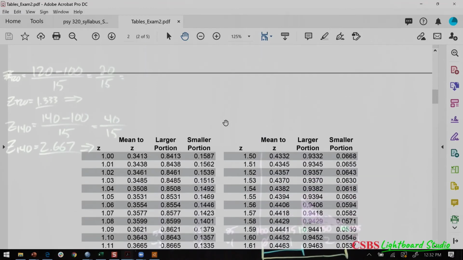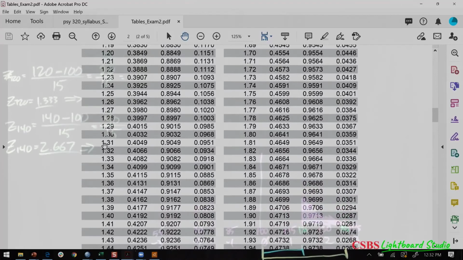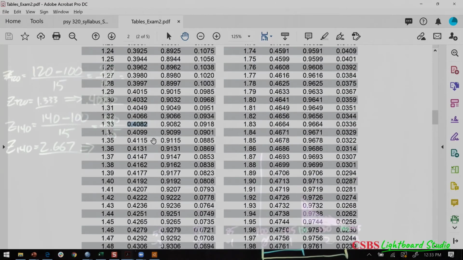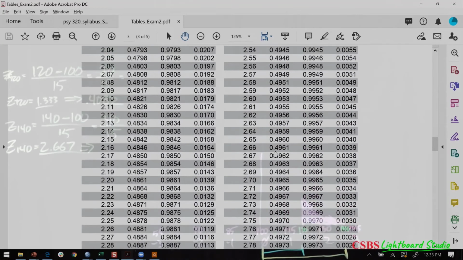I can't find 1.333 because the table only goes to 2 decimals, but I can find 1.33. The area from the mean to z is 0.4082, and you'll see that clearly in a second when I go back to this slide. For 2.67, which is here, you get 0.4962.